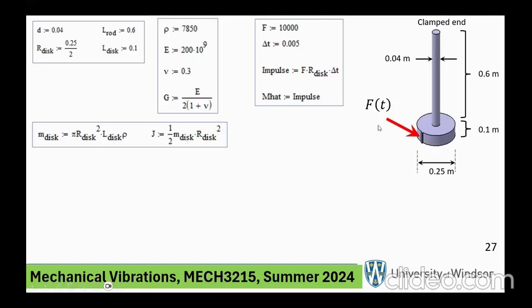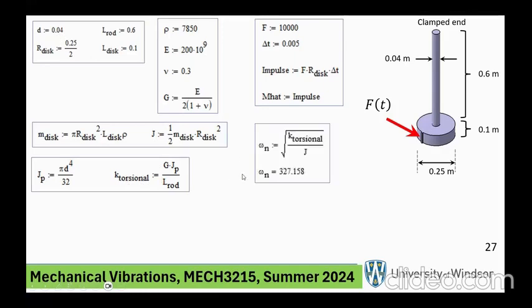And 1/2 of this m times this radius, which is incidentally 0.25 divided by 2 squared. Okay. So we calculate Jp. Jp is for that shaft, that fancy spring, pi diameter to the 4 over 32. Remember, diameter of that shaft was 0.04, and the torsional stiffness of that fancy spring is right here.